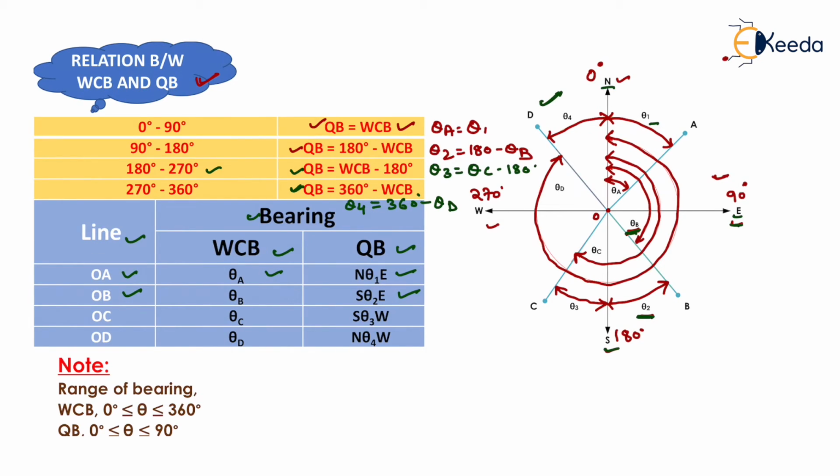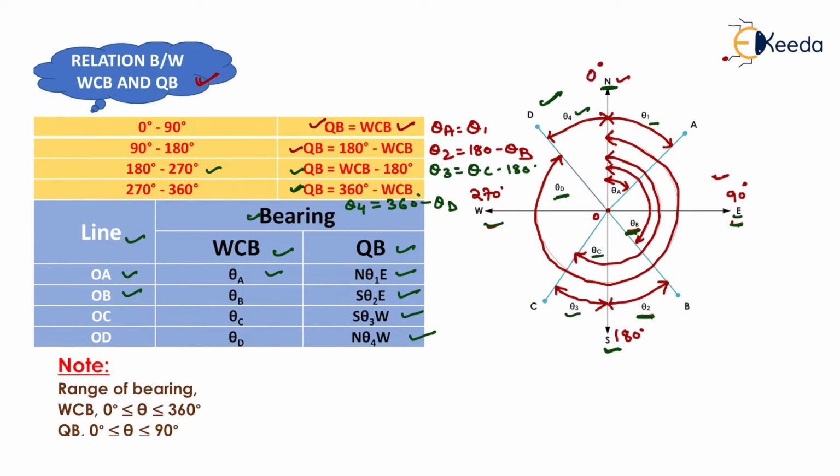Now for line OC, whole circle bearing is theta C, and quadrantal bearing is south theta 3 west. Now for line OD, whole circle bearing is theta D, and quadrantal bearing is north theta 4 west, which is shown here.